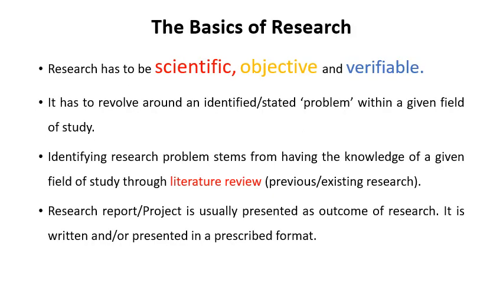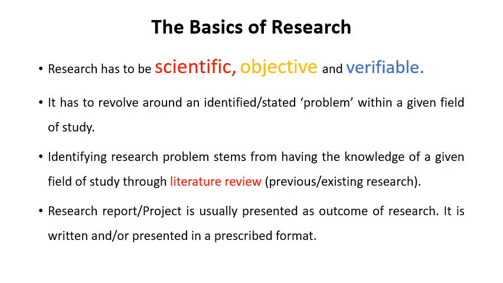So research has basic components which we're going to discuss here. First of all, research must be scientific. By scientific, we mean it has to be verifiable, it has to be objective, meaning that the processes, the techniques, the methods must be documented such that another researcher interested in the same field can actually follow those processes and arrive at the same result.